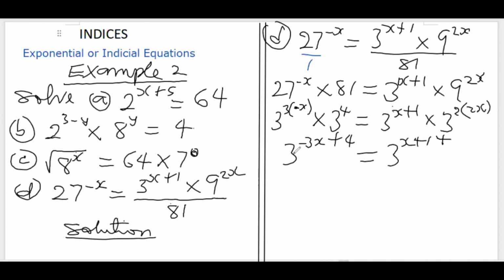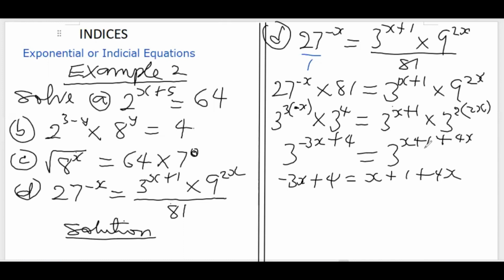Then plus the power of the second one here, which is 4x. And since the bases are equal on both sides and it's just a single base on each side, you are free to equate the power now, which will give us negative 3x plus 4 equals x plus 1 plus 4x.